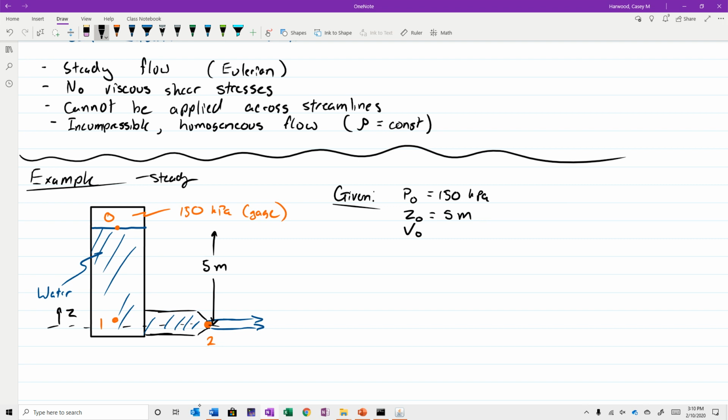And we know that v naught here is equal to 0 because we're assuming a large tank. And what we're asked to find is the velocity at the pipe exit.